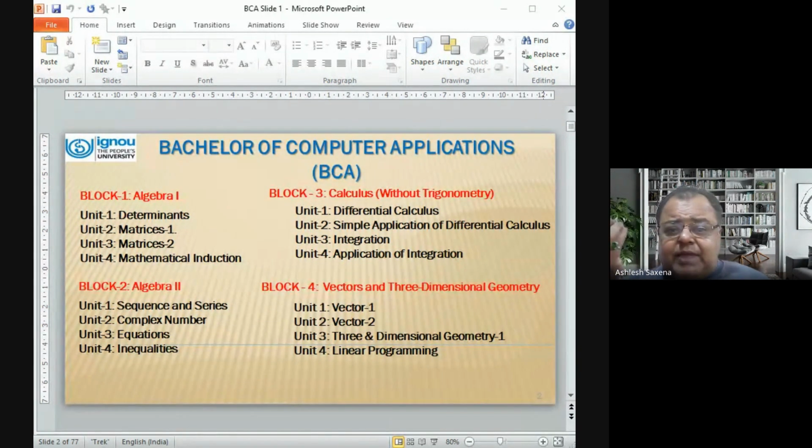Nobody has read mathematics earlier at plus 2 level. Okay, a few of them have studied. Okay, fine. No problem.